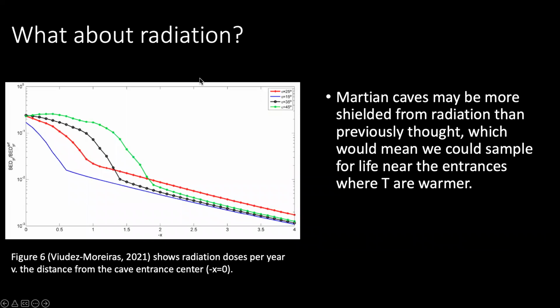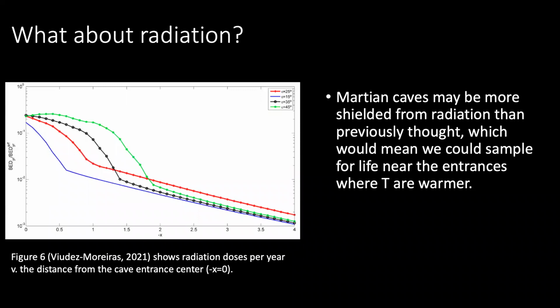In addition to that, work done recently by Faides Moreras in 2021 modeled the radiation environment of Mars, looking from that center point, where you have this hole in the ground, and then with lateral distance away from it.